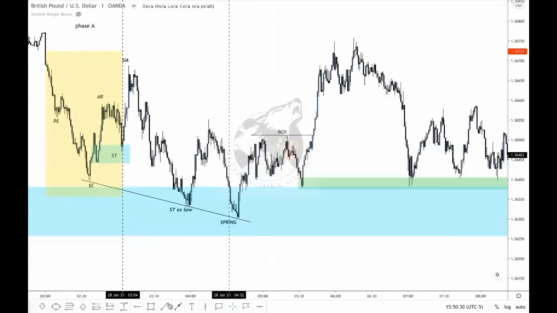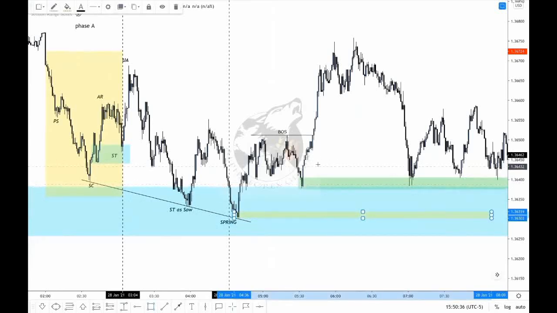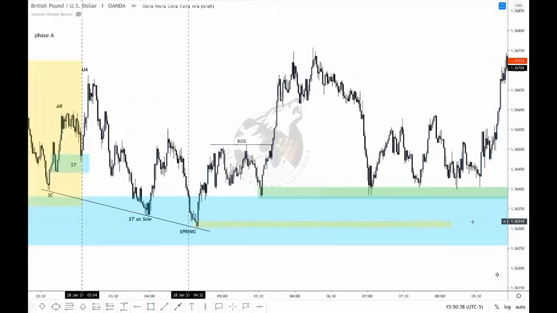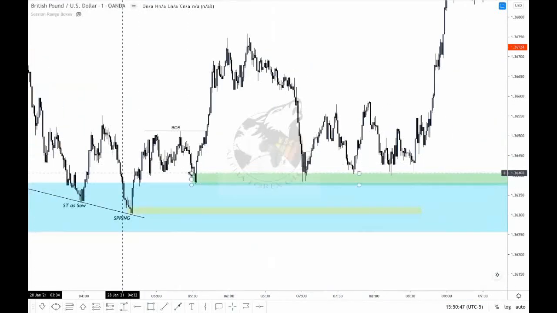But in this case, we'd have two entries, because this is an entry also, because the market could easily push past this, take liquidity from that, and then retest this. But we call this an extreme entry. So you have the decisional entry and you have the extreme entry.